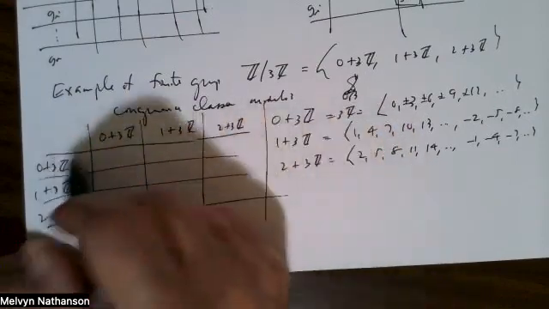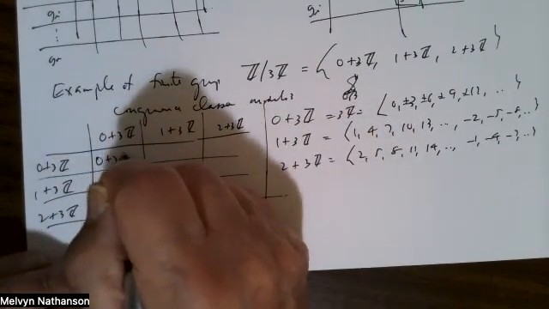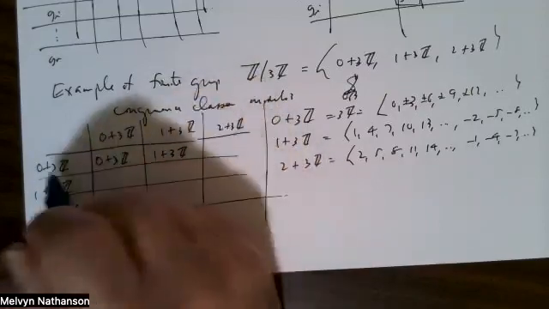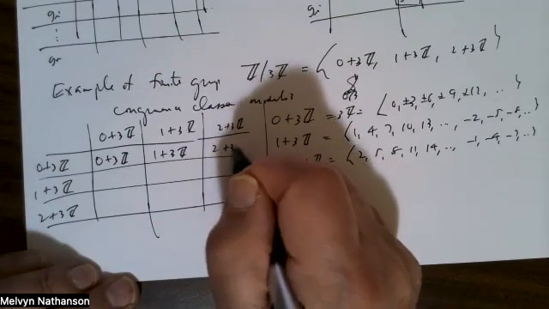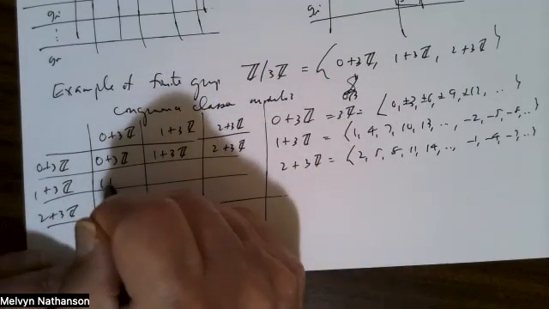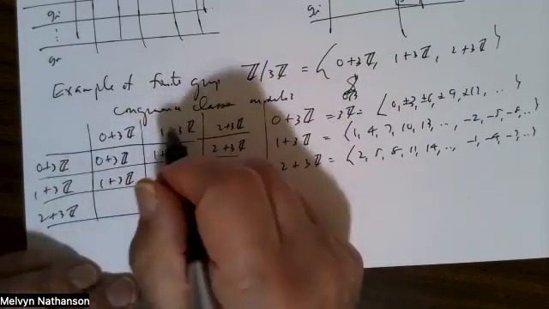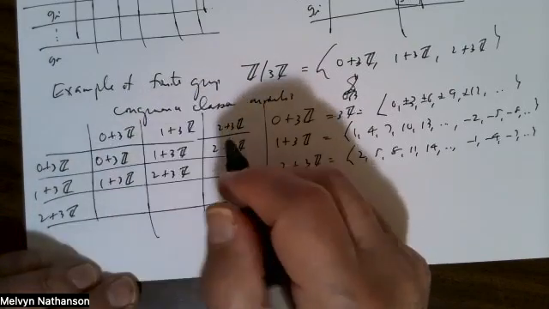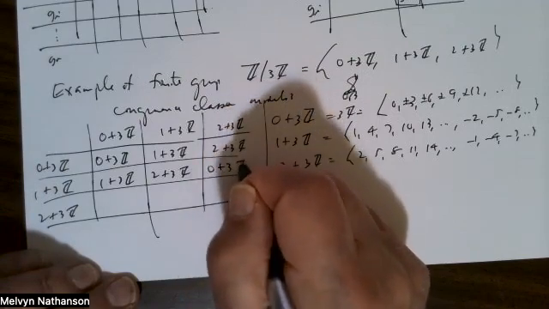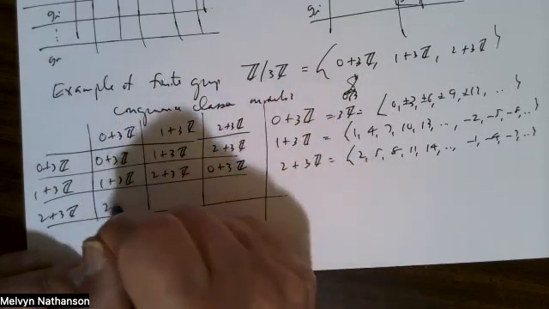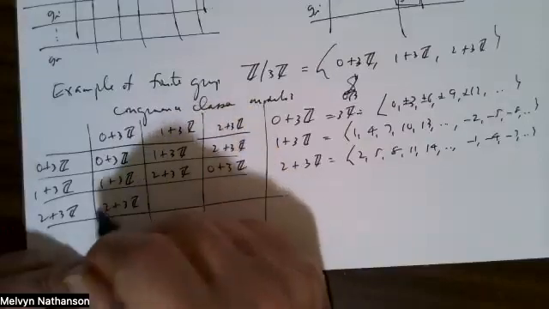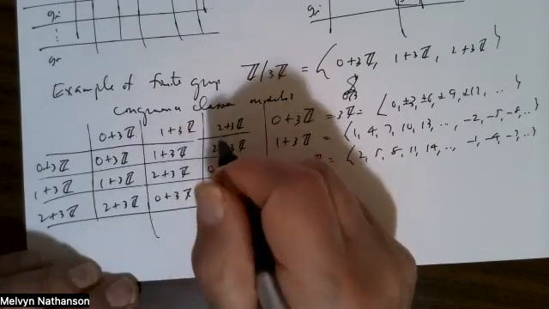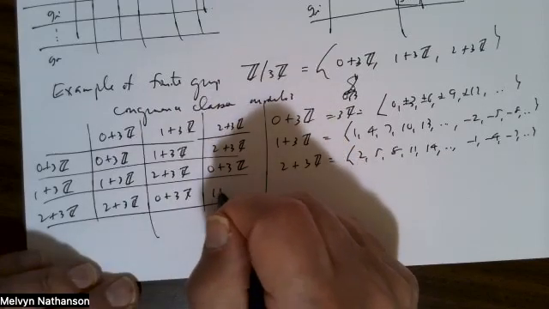What do you get when you add? 0 plus 0 is 0. 0 plus 1 is 1. 0 plus 2 is 2. 1 plus 0 is 1. 1 plus 1 is 2. 1 plus 2 is 3, which is the same as 0, mod 3. 2 plus 0 is 2. 2 plus 1 is 3, which is 0. 2 plus 2 is 4, which is congruent to 1 mod 3.